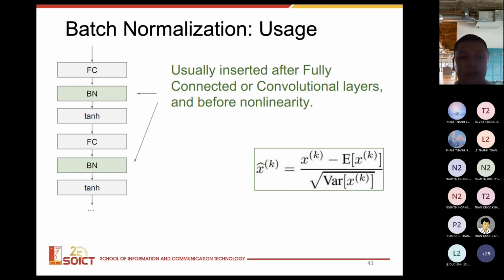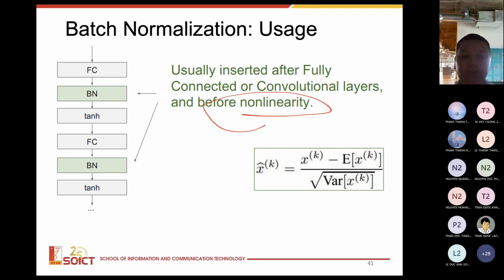Usually batch normalization is inserted after a fully connected layer or convolution layer, and of course before the non-linearity, before the activation function.